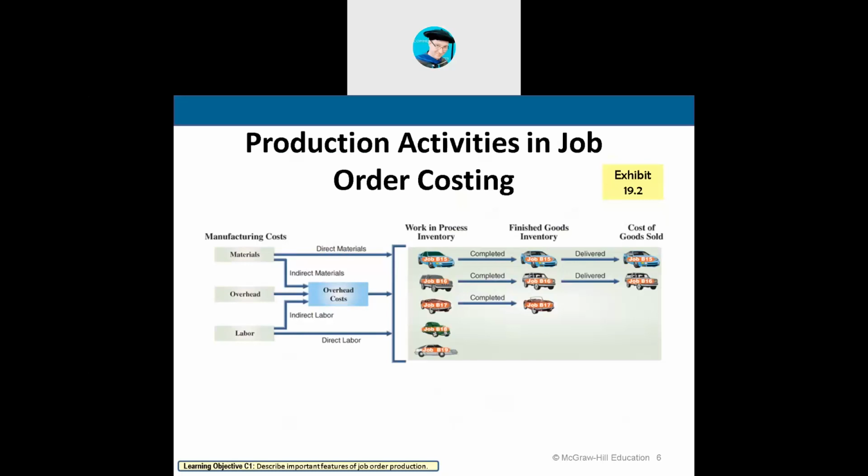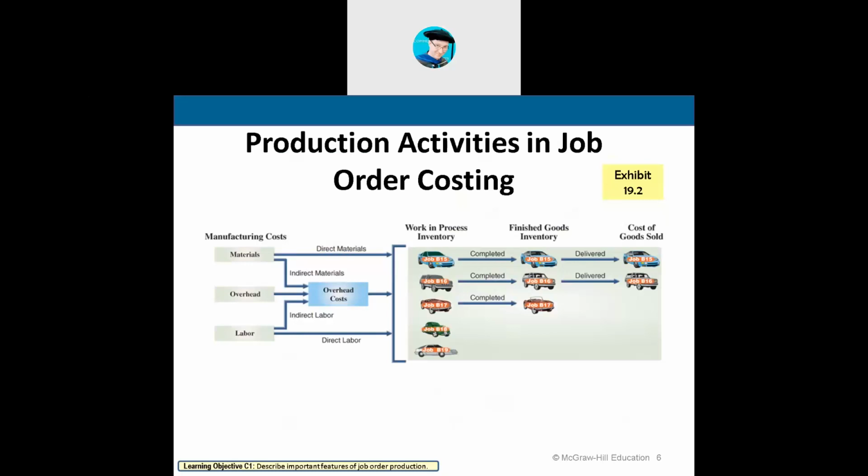Putting additional things in the car. The third department might be the tires and whatever else. The last department is painting, polishing, and then push it off the assembly line and it becomes a finished good. It's complete. It's done. And then a few days later, it goes onto a delivery truck and off to the customer it goes, or to the dealership. That's the physical flow.